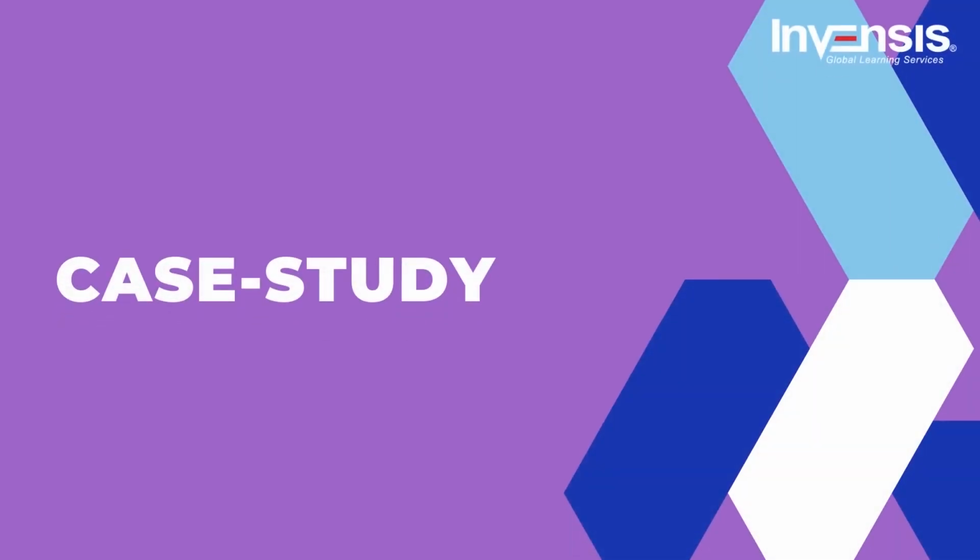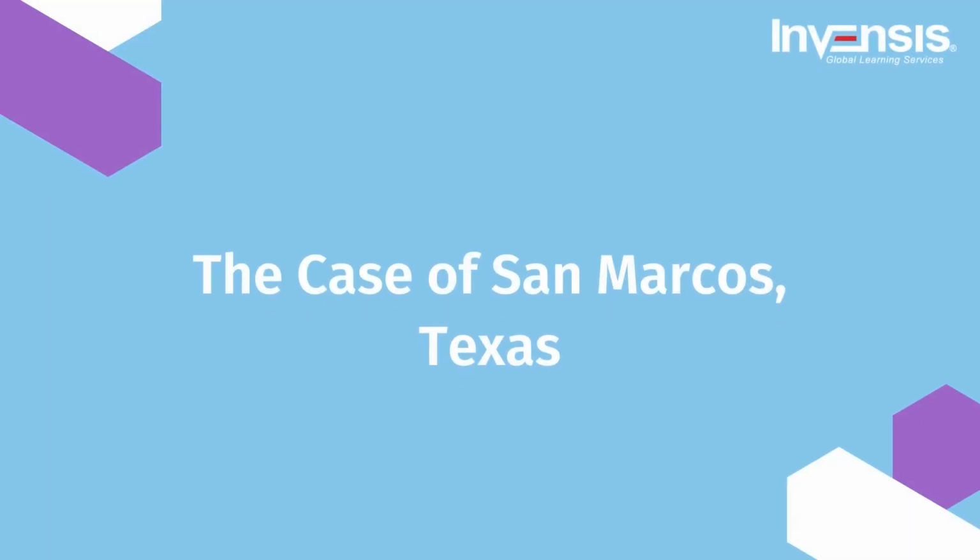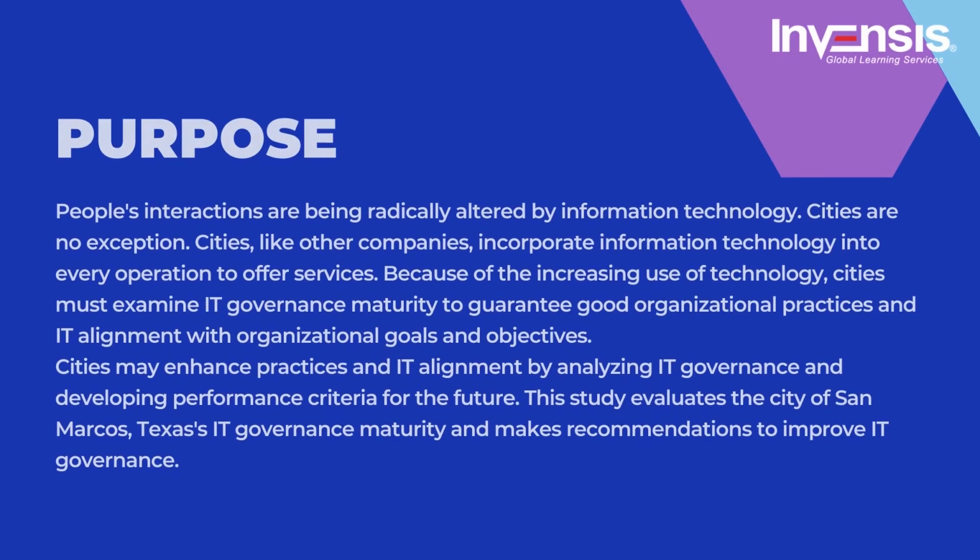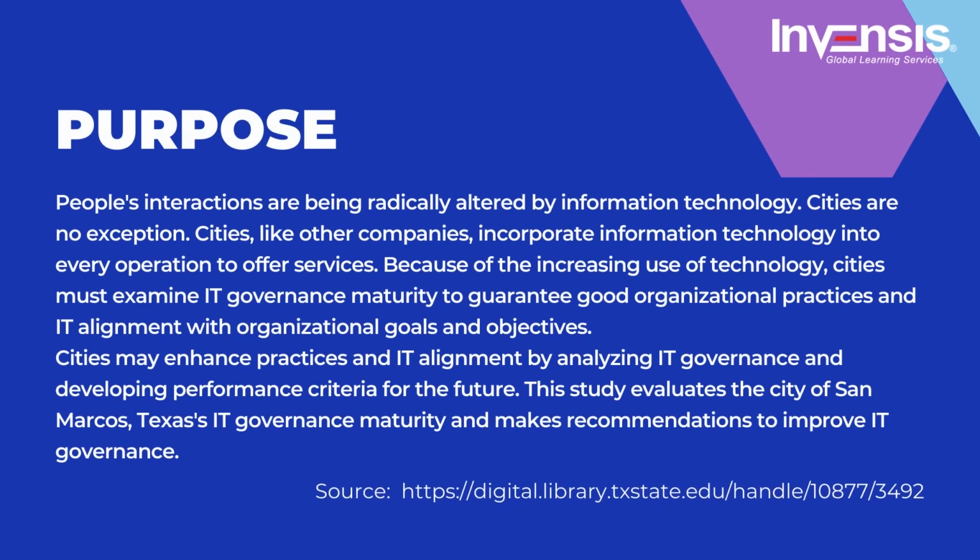Let us conclude this session with the use case of COBIT 5. Assessing IT governance maturity, the case of San Marcos, Texas. Purpose. People's interactions are being radically altered by information technology. Cities are no exception. Cities, like other companies, incorporate information technology into every operation to offer services.